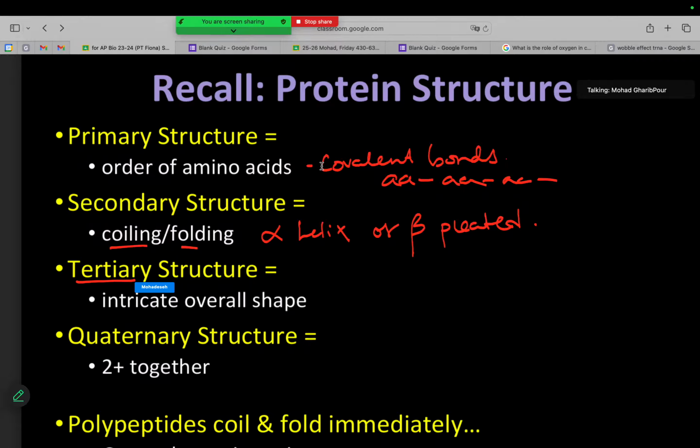And then you have the tertiary structure, which is wound up. It's not just alpha helix or beta pleated, but a more wholesome shape. It can include SS bonds or disulfide bonds or bridges.